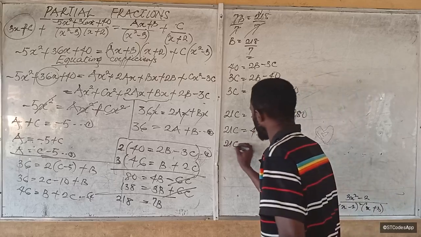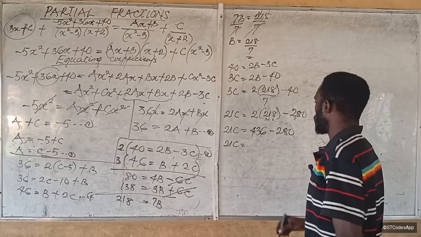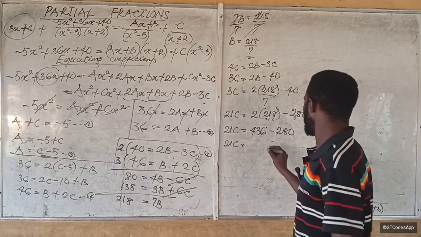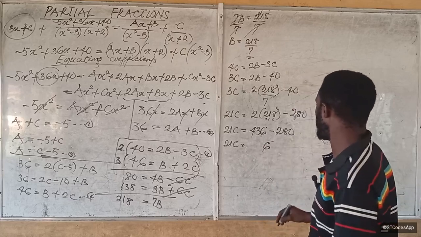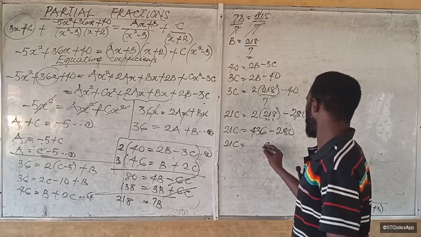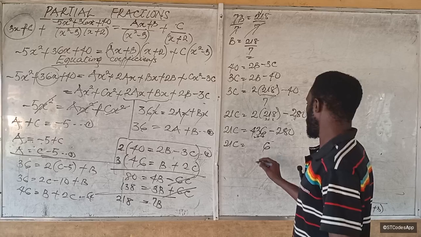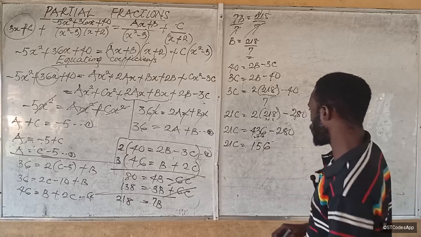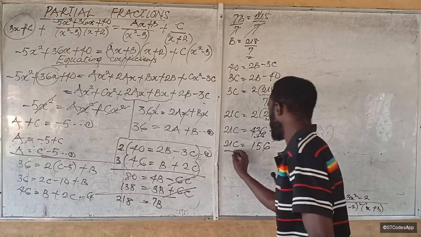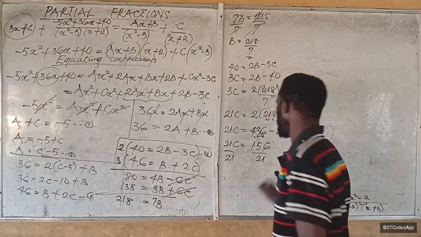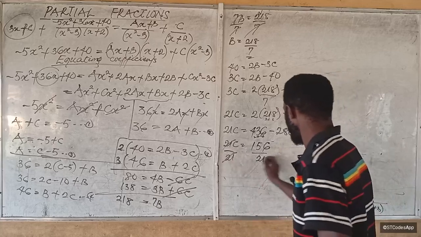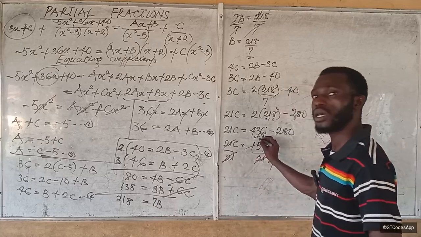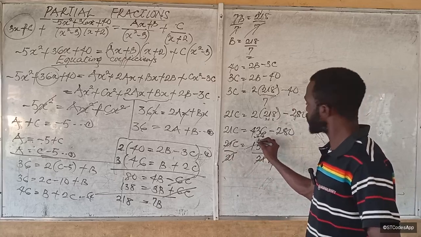So that 21C will be equal to, subtract this, you'll have 156. Okay? So you now divide both sides by 21. I guess 3 can divide: 3 here 7, 3 here 52.